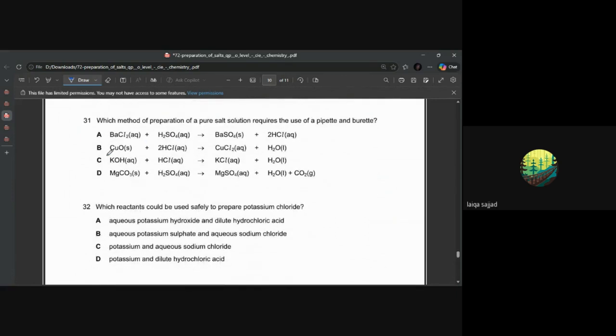Okay, then we are given which method of preparation of a pure salt solution requires the use of a pipette and burette. When do we use pipette and burette?